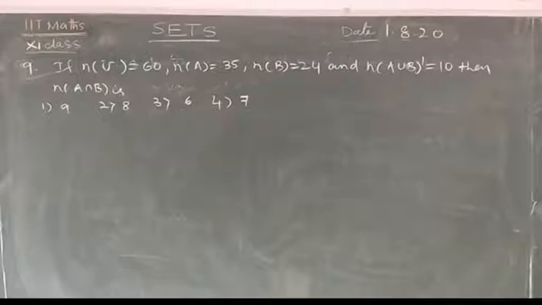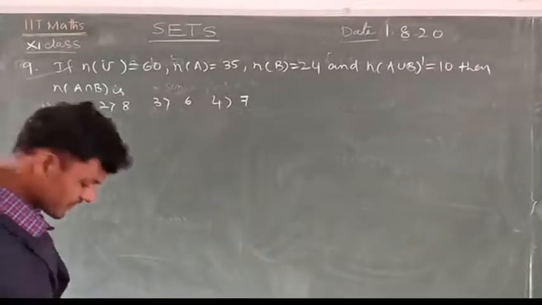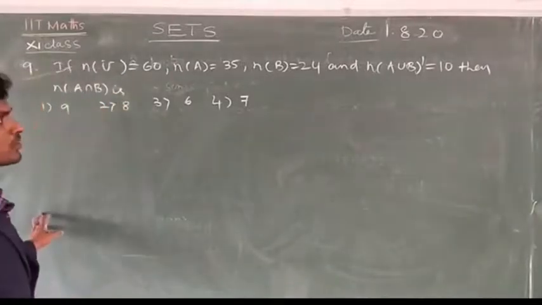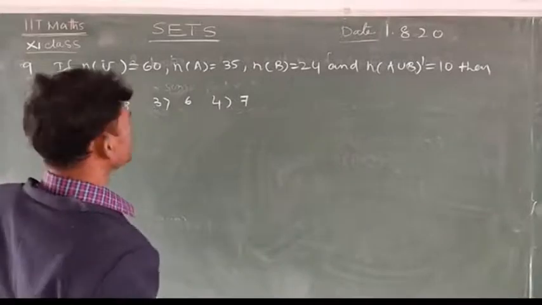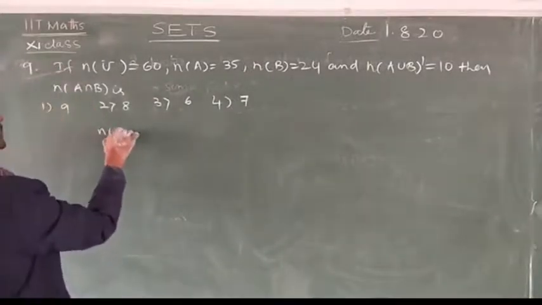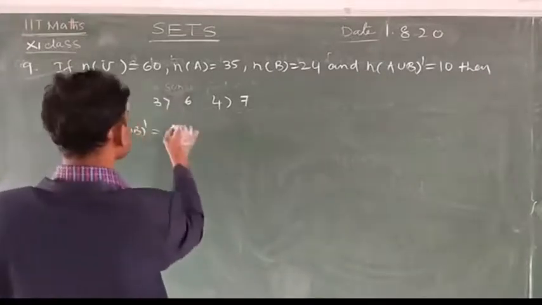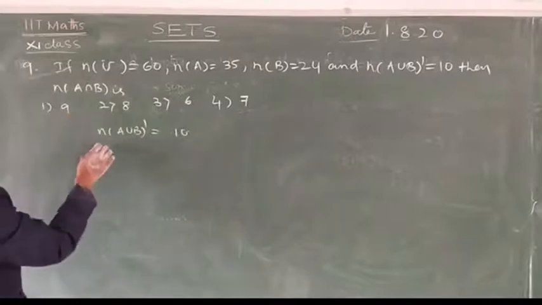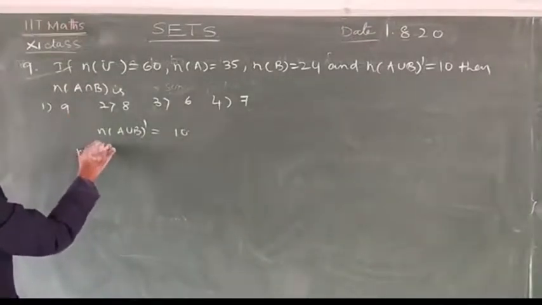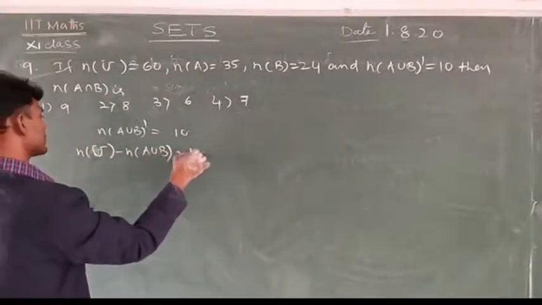Okay, next, ninth problem. If n of mu is equal to 60 and n of A is equal to 35, n of B is equal to 24 and n of (A union B) whole complement is equal to 10, then find the value of n of A intersection B. Now see here, n of (A union B) whole complement is equal to 10 as given. Now this is written as n of mu minus n of A union B is equal to 10.